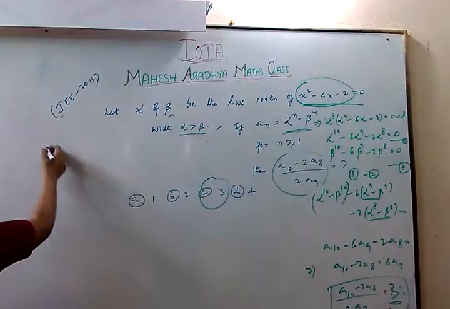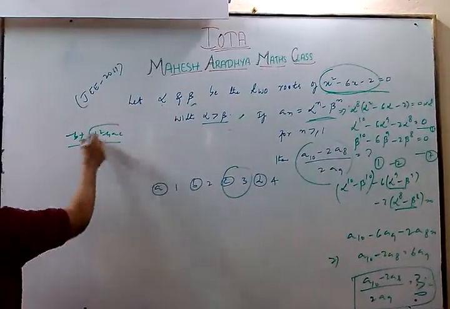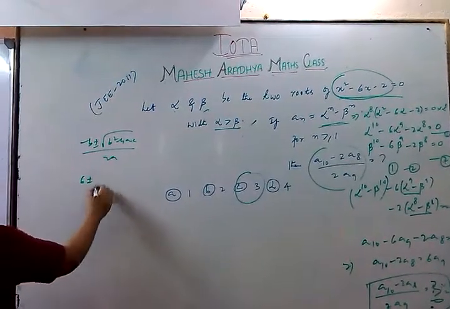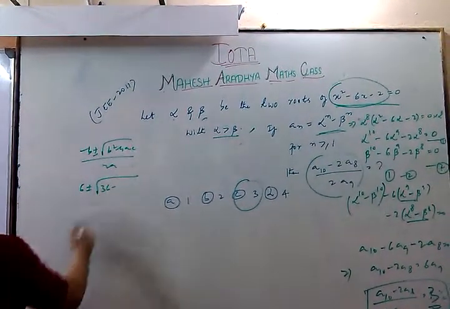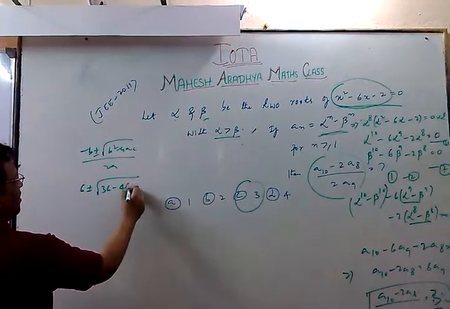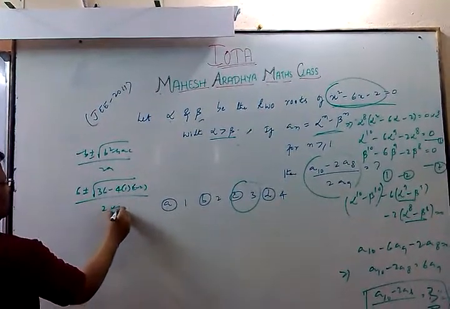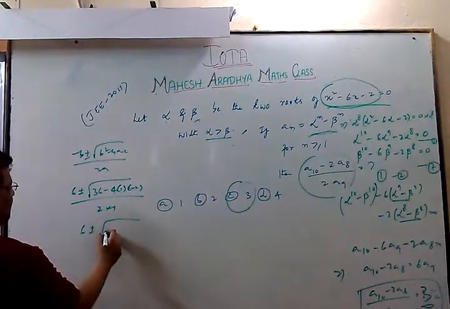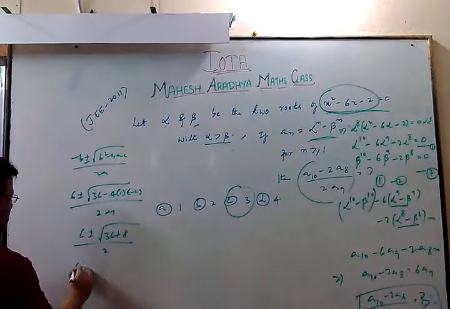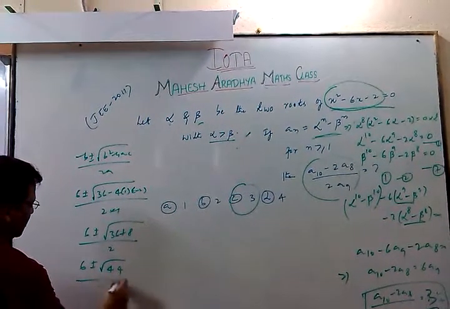Let me apply the minus b formula, the simplest way to find the roots of a quadratic. 6 plus or minus root of 36 minus 4ac, that is 4 into 1 into minus 2, divided by 2 into 1. 6 plus or minus root of 36 plus 8 divided by 2. 6 plus or minus root of 44 divided by 2.